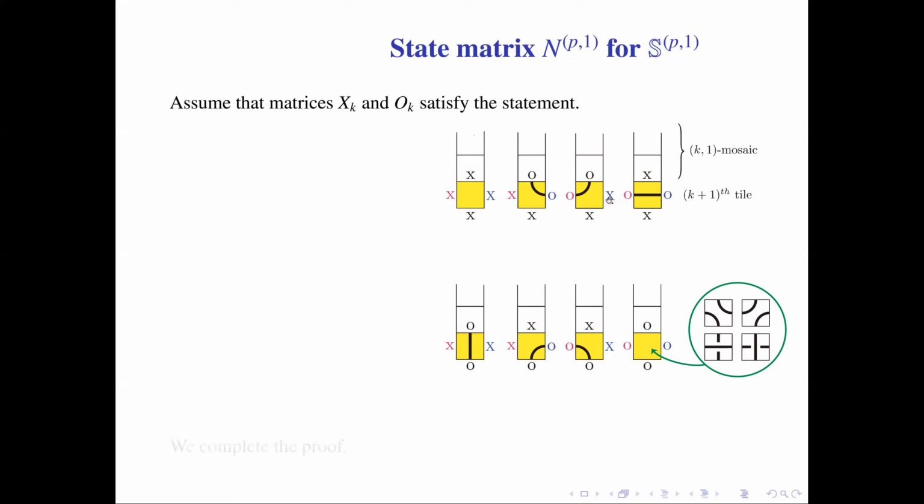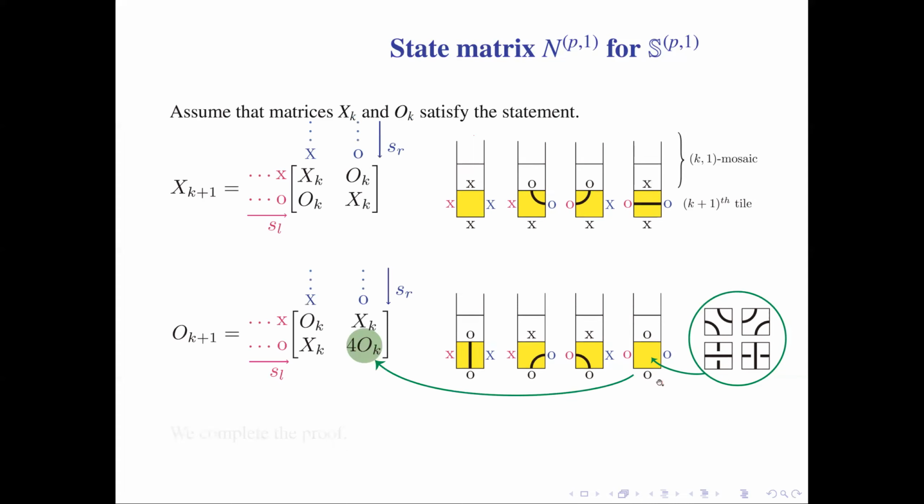Then the number of all suitably connected K plus 1 by 1 mosaics with this condition is equal to OK. And in this case, the number of all suitably connected K plus 1 by 1 mosaics with these conditions is equal to 4 times OK.